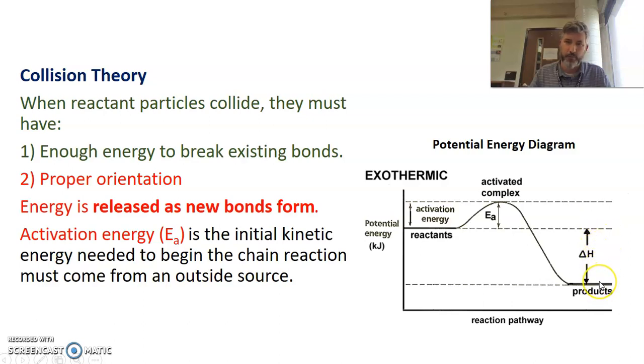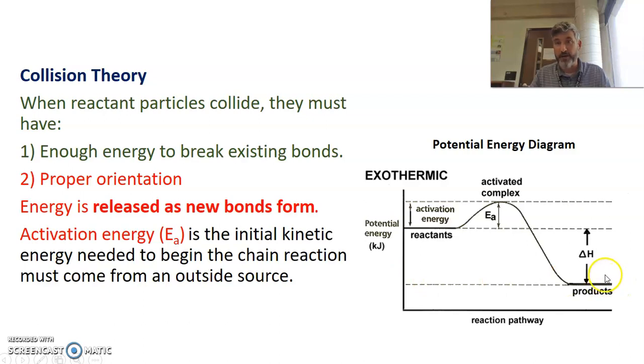We're dropping overall. Okay, so first we have the endothermic part, then we have the exothermic part, and in this case, the exothermic part is much larger, so therefore, overall, we have a net loss of energy, so an exothermic reaction. An endothermic reaction is just going to go the opposite way.